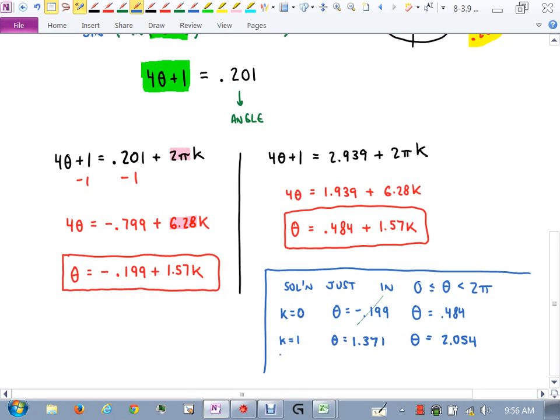So k equals 2 will work. K equals 3, I'm going to skip k equals 2 because I want to move on to the next problem. So now I'm going to do 3 times 1.57 minus 0.199, which should give me 4.511.